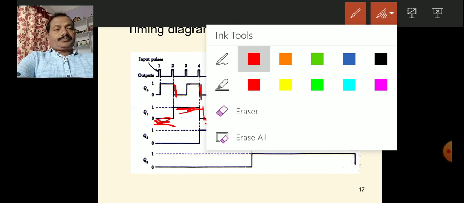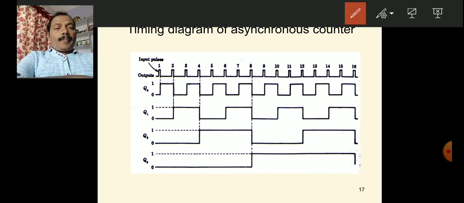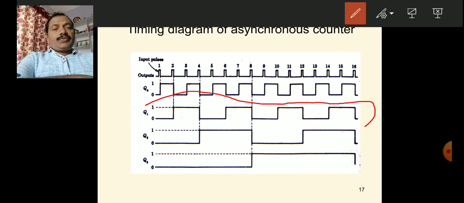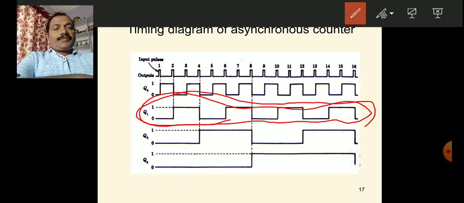Next, this Q1 signal acts as a clock to the FF2. That means each negative edge of this Q1 will activate the FF2 flip-flop.